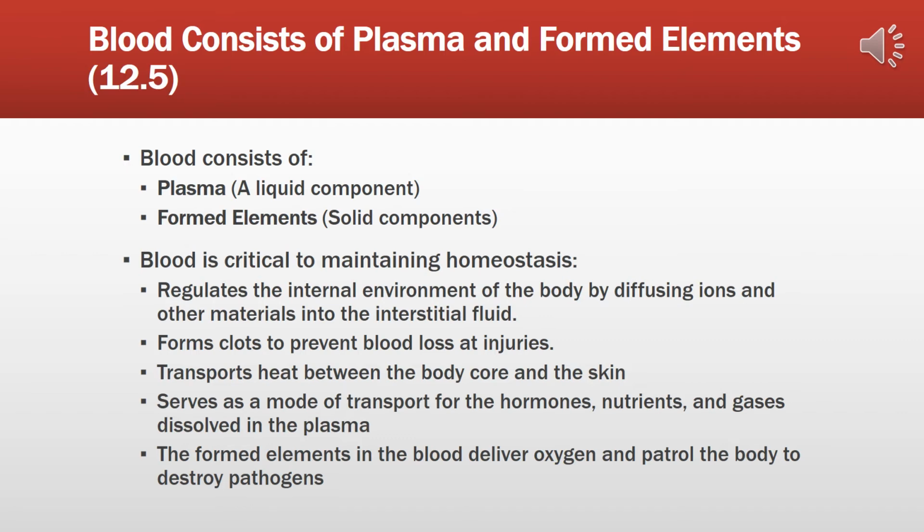It transports heat between the core of the body and the skin, serves as a mode of transport for the hormones, nutrients, and gases dissolved in the plasma, and the formed elements in blood deliver oxygen and patrol the body to destroy invading pathogens.